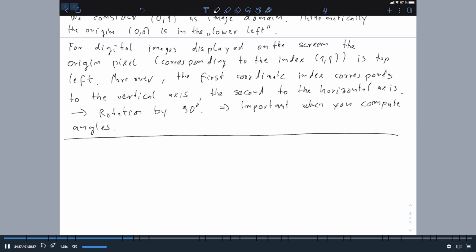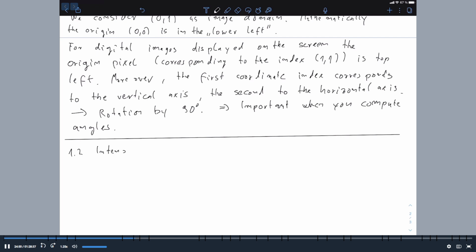Okay, so much for the preliminaries before we actually start with doing some small manipulations of the images. The first thing that we're looking at are intensity transforms. In the overview in the last lecture, I already mentioned that we will go through the different methods by classes.